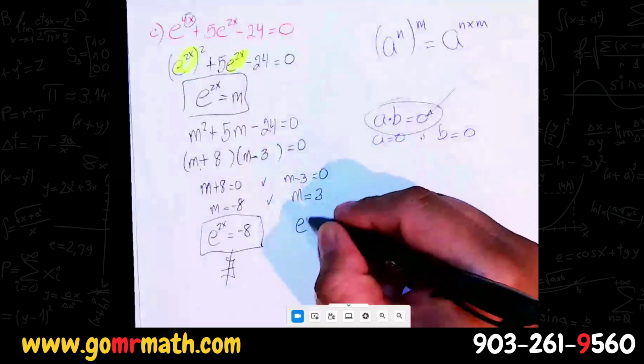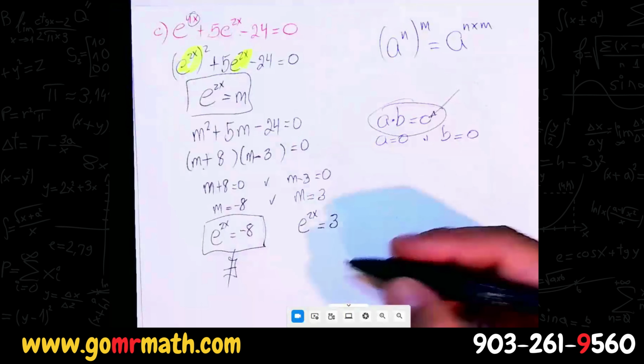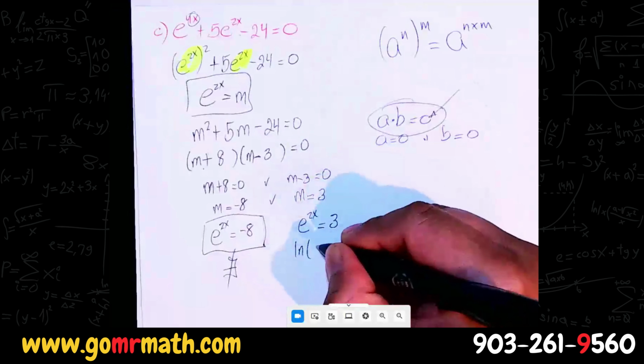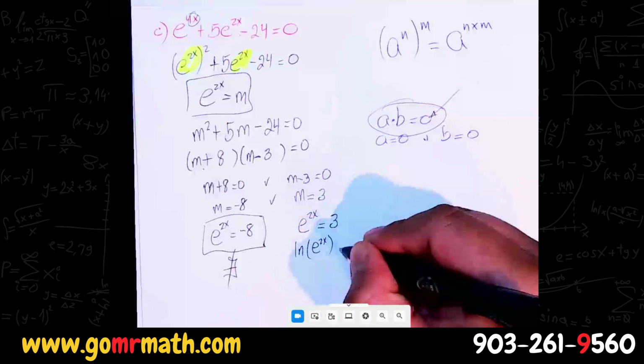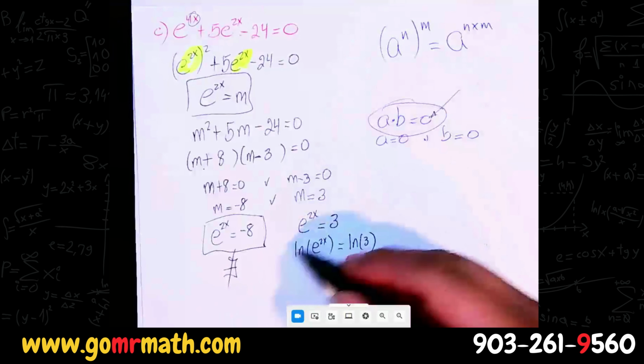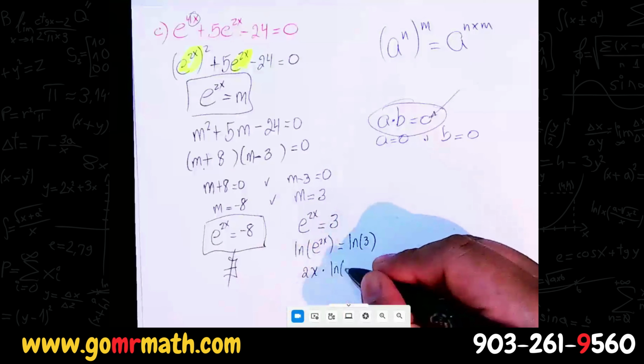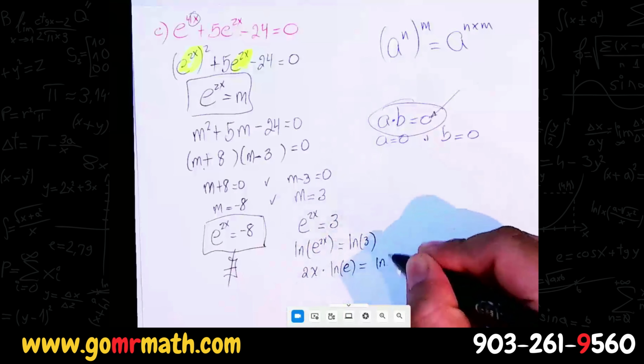We have e to the 2x equals to 3. Let's apply natural logarithm. Ln of e to the 2x equals to ln of 3. Okay, the 2x will come down. 2x times ln of e equals to ln of 3.